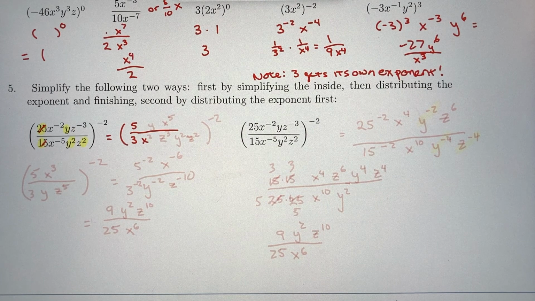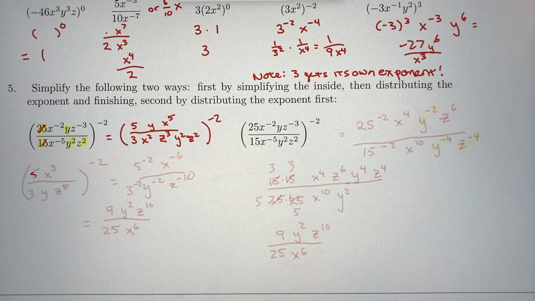So x to the -2 goes down. Y stays up because it got highlighted. Z cubed goes down. Let's see, x to the 5th comes up. Y squared stays down. Z squared stays down. If you prefer to subtract exponents instead, fine, whatever.